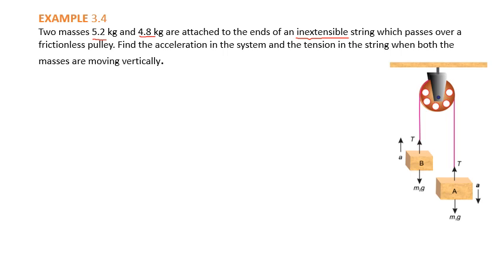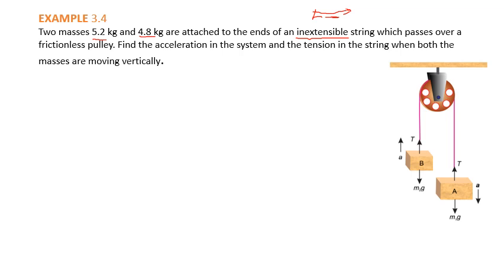Inextensible means we have already discussed that there will be no extension, no elongation in the string. Means the length of the string will not change. An extensible string may be a string made up of rubber.